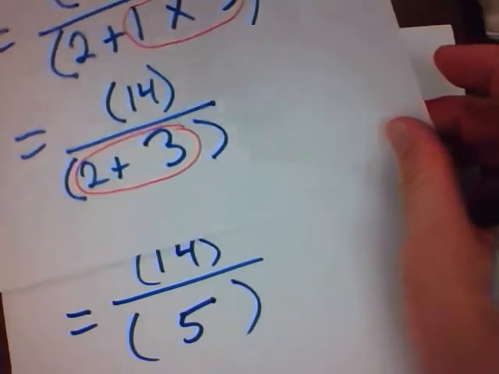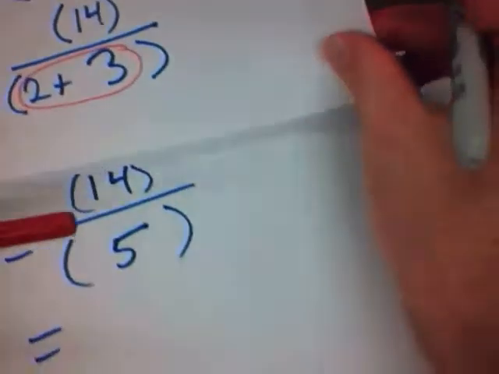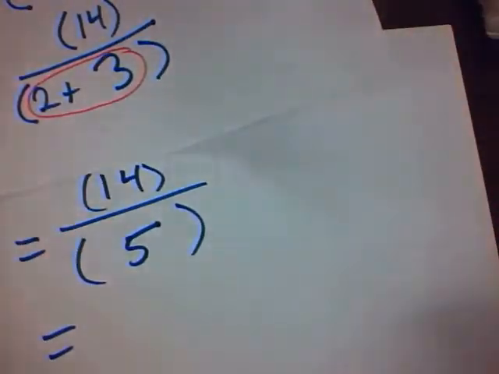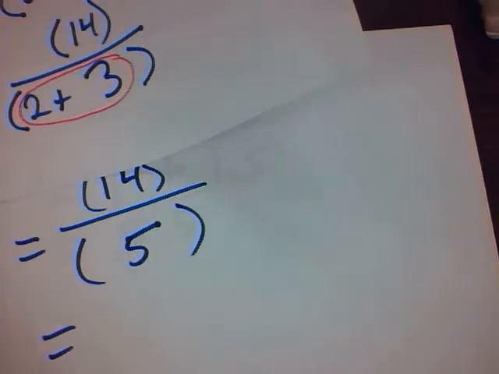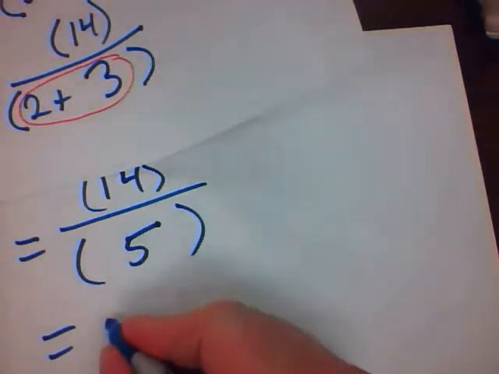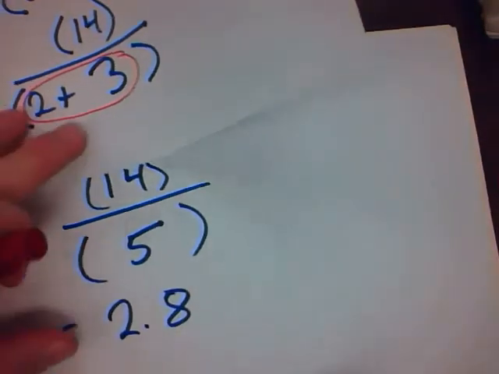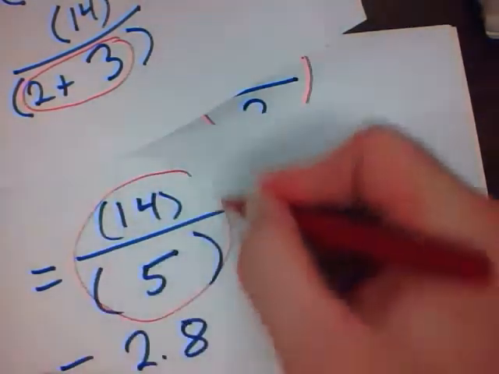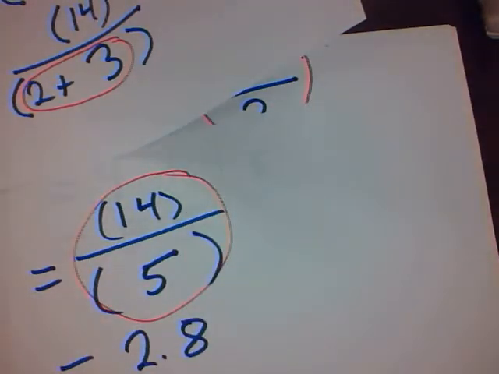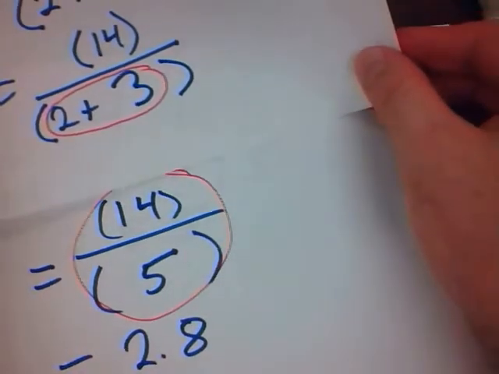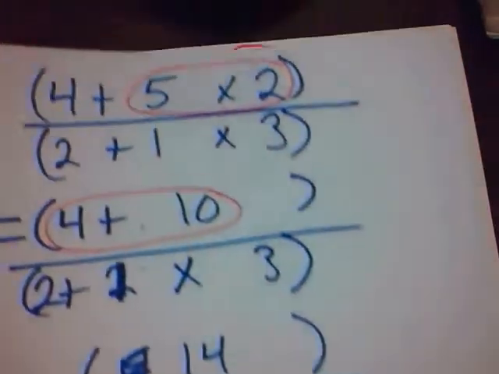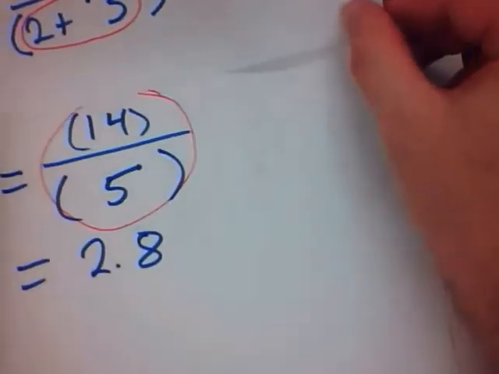Now I have 14 divided by 5. Which will give me 2.8. Oh, and I should have circled that last division. So here we have the entire question. And yes, that is a lot of work.